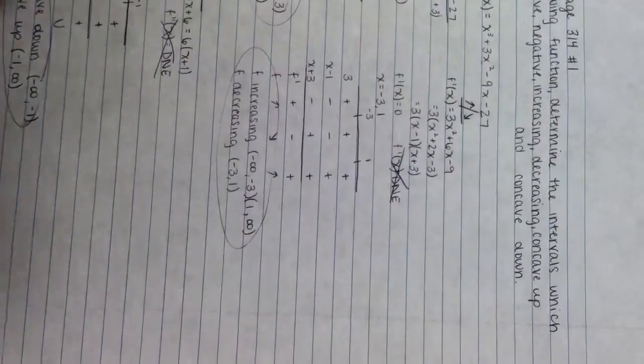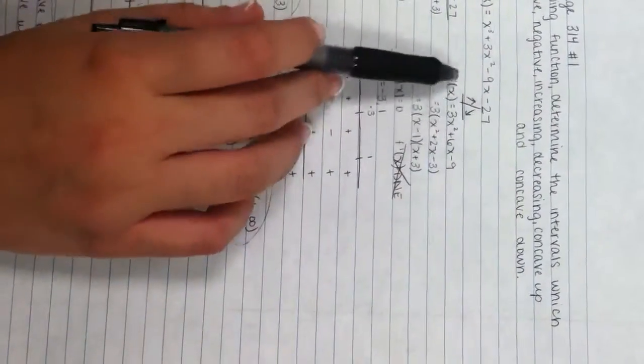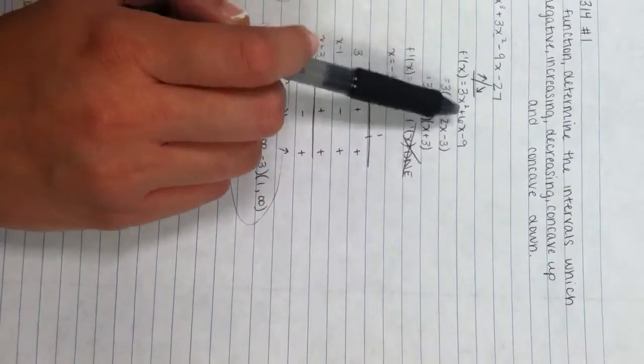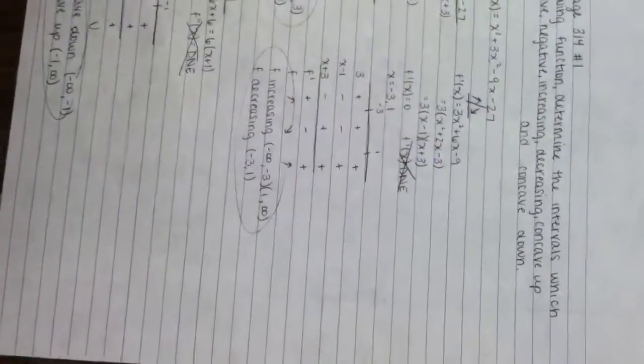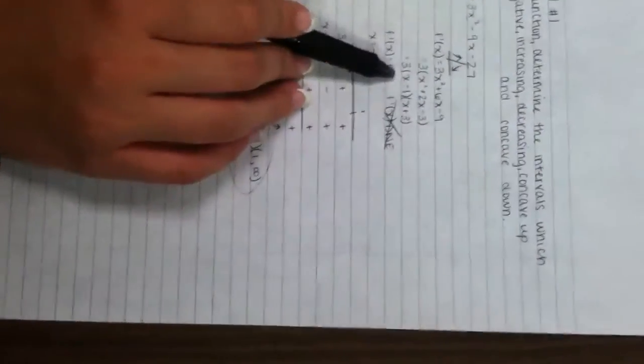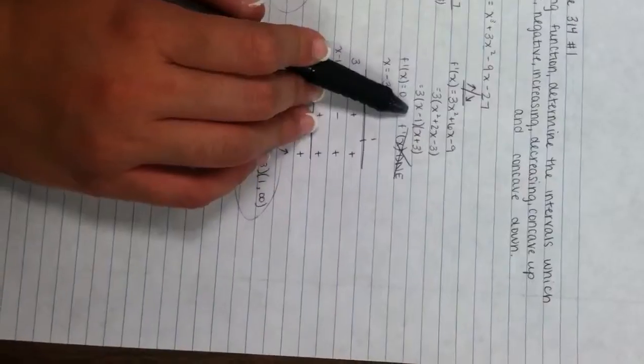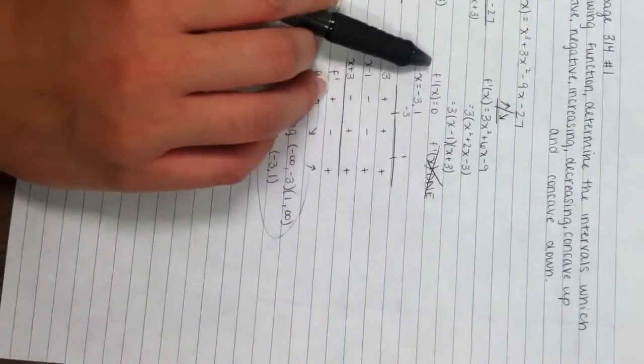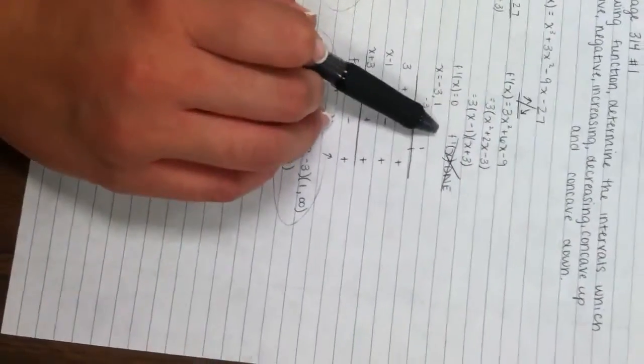infinity. In order to find if the function is increasing or decreasing, you have to find the derivative of the function, which is 3x squared plus 6x minus 9. You then factor it to get 3 times the quantity x minus 1 times the quantity x plus 3. You then find where it equals 0 or doesn't exist.